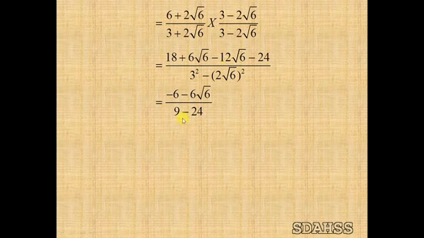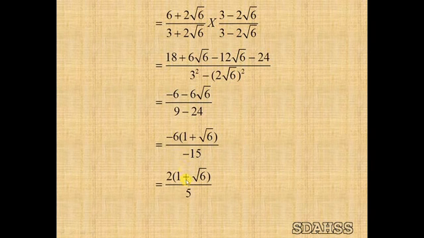Here minus 6 is common, so take it outside. The numerator becomes minus 6 into 1 plus root 6, divided by 9 minus 24, which is minus 15. The minus signs cancel, and cancel the numerator and denominator by 3. So remaining you have 2 into (1 plus root 6) by 5.